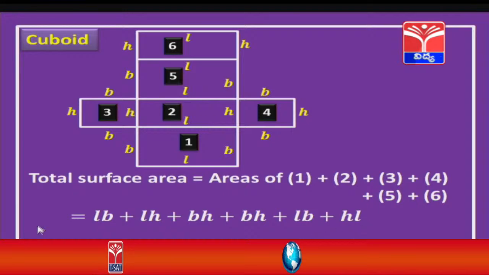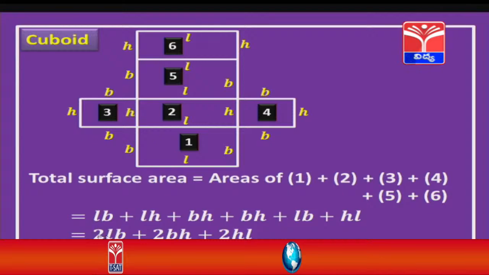Okay, children. Now, if you notice, we have LB and LB. So, what do we get, children? LB plus LB, 2LB. LH and HL both represent same, so you can write 2HL. BH and BH, 2BH. So, what do you get, children, now? Yes, we get 2LB plus 2BH plus 2HL. And do you notice anything common in these 3 terms, children? That is right.